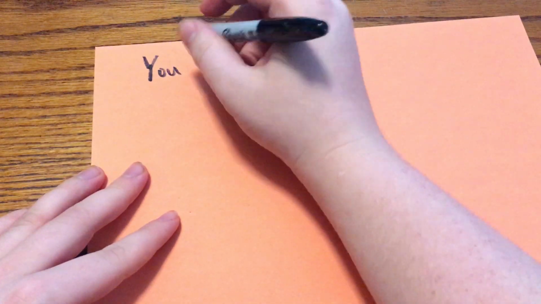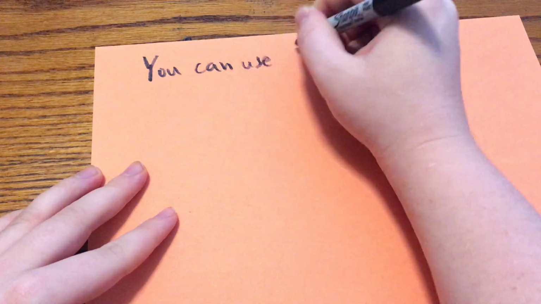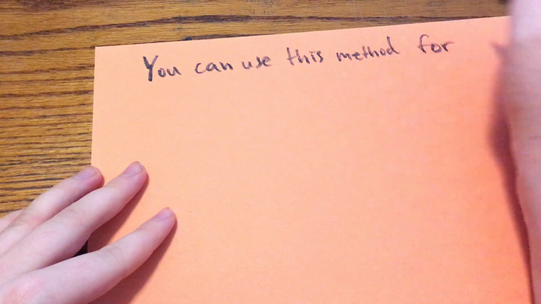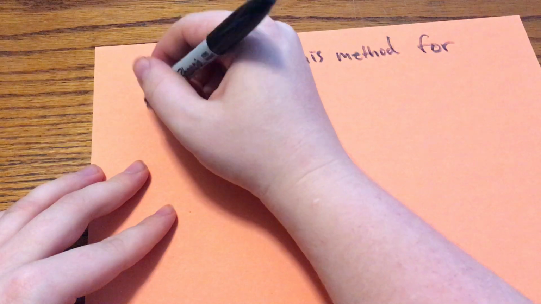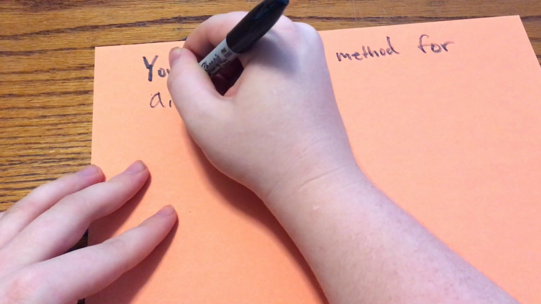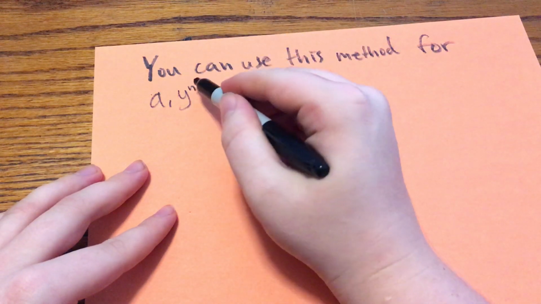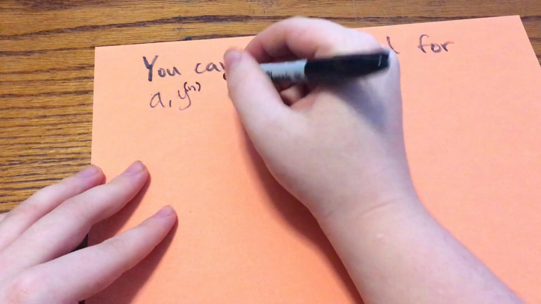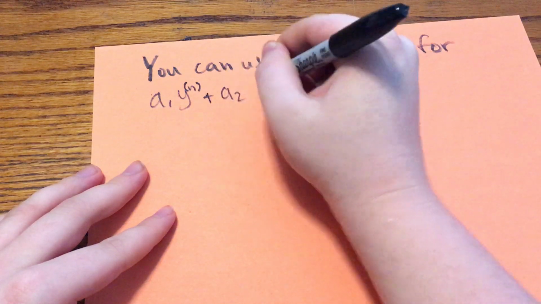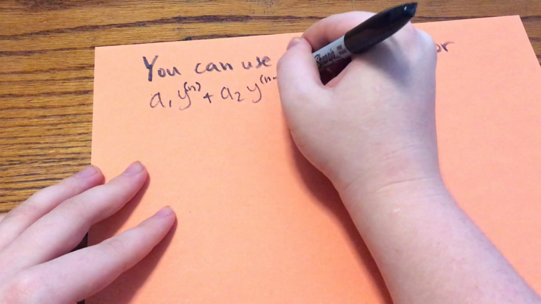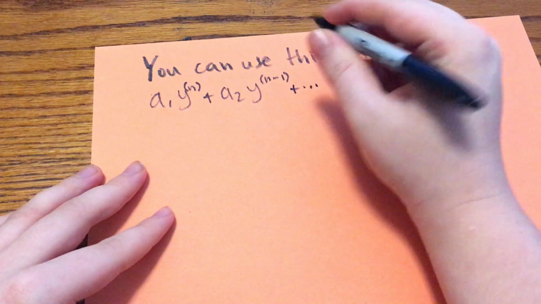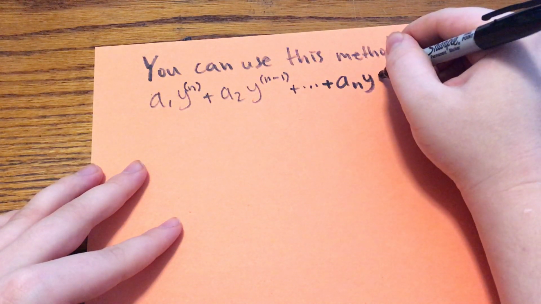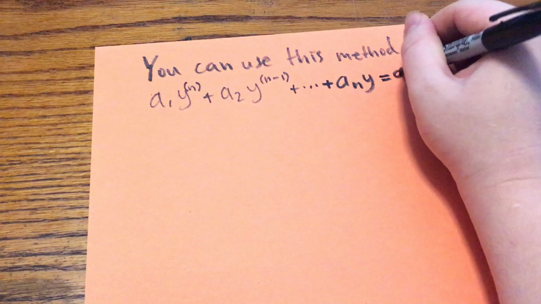You can use this method for, and I wrote this next part down, so I hope my notation is okay. a sub 1 y differentiated n times, that's not y to the n power, plus a2 y differentiated n minus 1 times plus all of those terms until you get to a sub n times y. And then that is just equal to g of x.